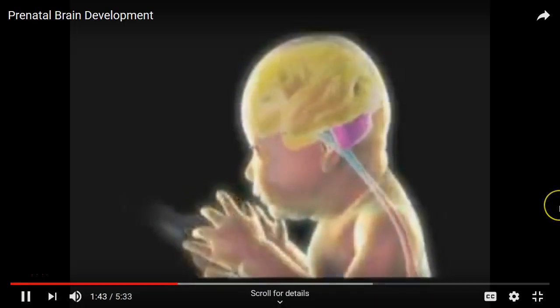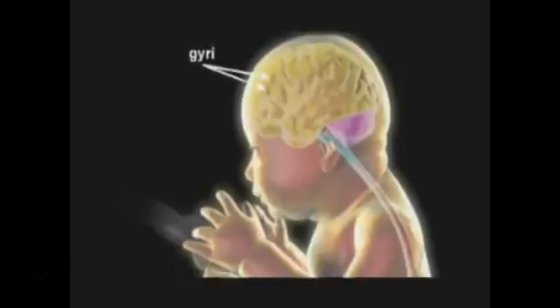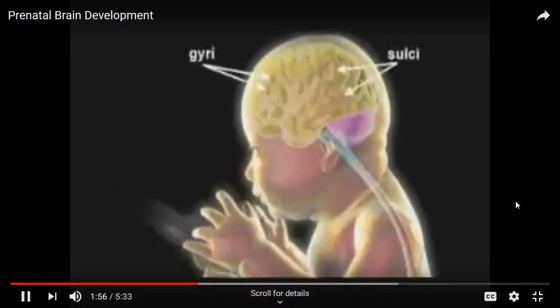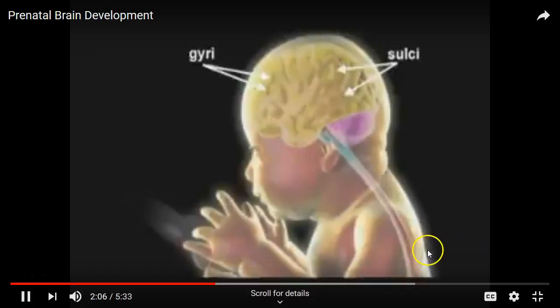The cortex expands greatly in surface area and becomes wrinkled and folded inside of the skull. Beginning at week 28 and continuing through week 40, the brain surface fills with hills and valleys called gyri and sulci. These cerebral folds and wrinkles help to create a vast neural network which allows the brain to become a highly flexible yet precise control center and processor of information.